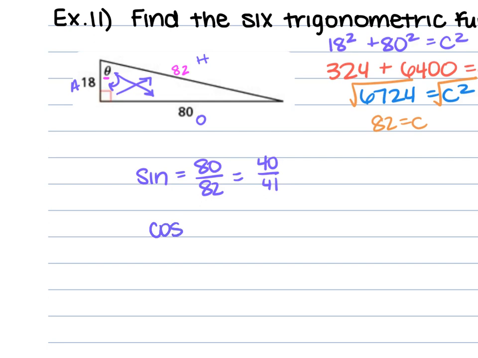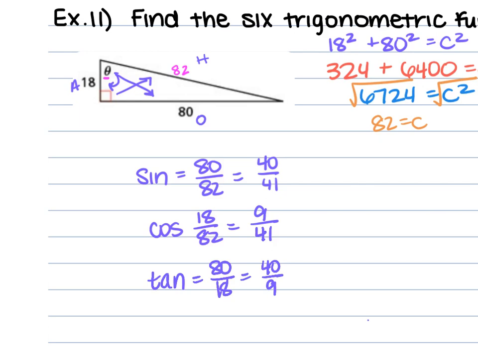Cosine is adjacent over hypotenuse, so that's 18 over 82. We simplify that again, we get 9 over 41. And then for our tangent, we have opposite over adjacent, so that's 80 over 18, which is going to simplify to be 40 over 9.